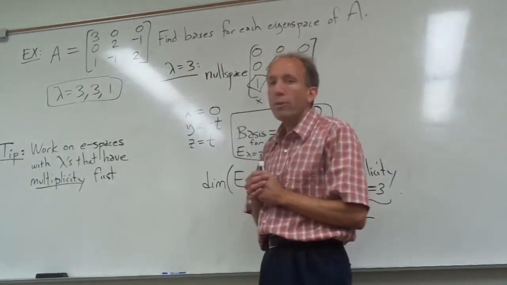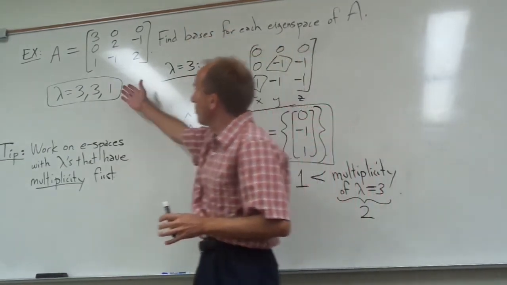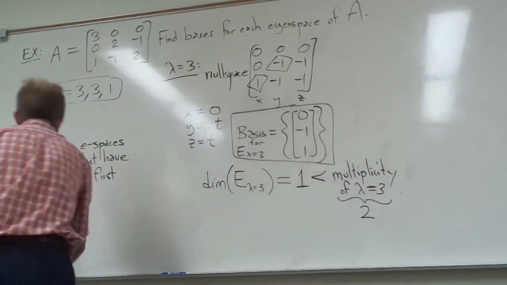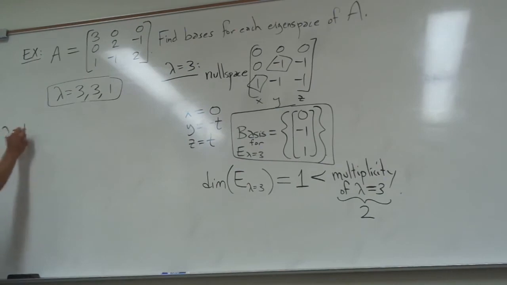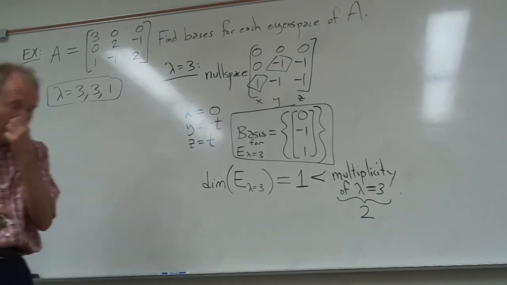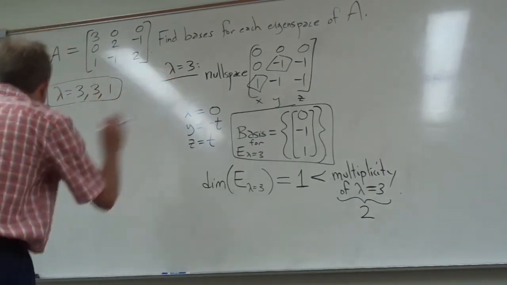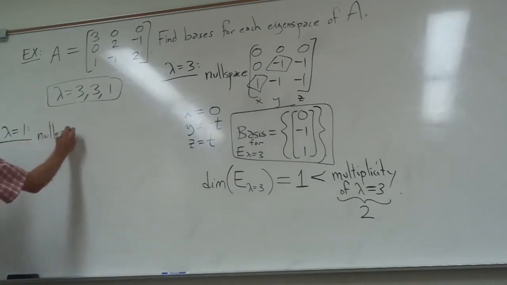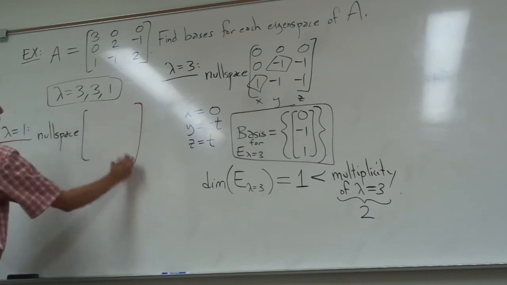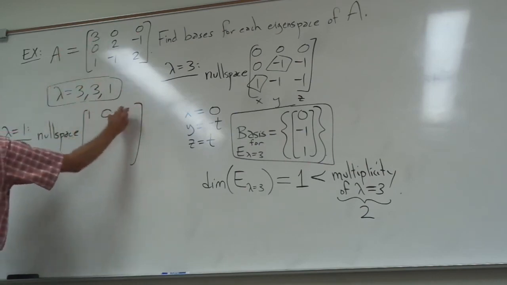You might be wondering, maybe this other eigenvalue, we haven't done that yet, could save us here. Let's look at lambda equals 1. The matrix is defective, I've already kind of said that. But let's look at the situation with the other eigenspace. I'm going to subtract 1 from the main diagonal here.